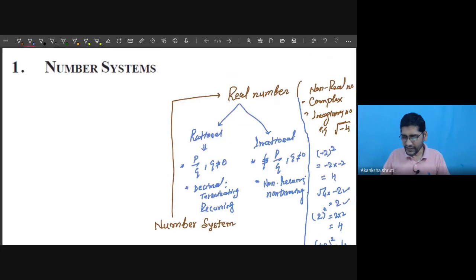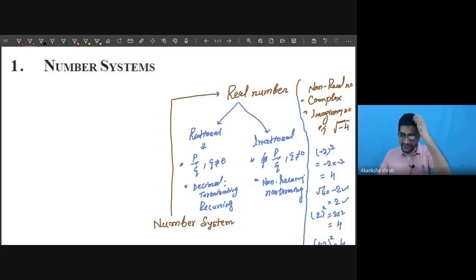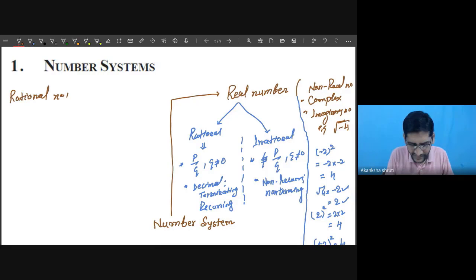So this way we can quickly identify rational and irrational numbers. So the very first thing we need to know is this: what is rational, what is irrational? Students, regarding rational numbers, we must keep in mind that any number which is in p by q form and q is not equal to 0, meaning it can be written in fractional form, is rational.